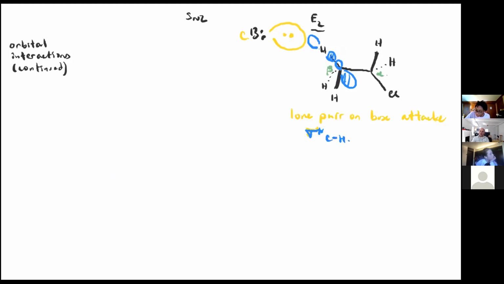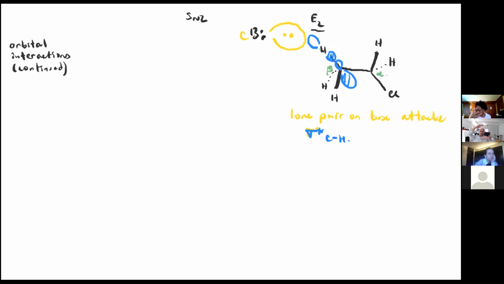And again, think about it from the standpoint of what's happening with the orbitals. So if my CH bonding orbital is down here and sigma star is up here, that's like a nice, just normal bond. As I start to populate sigma star CH with the base, what am I actually doing in practice? I'm weakening the bond.